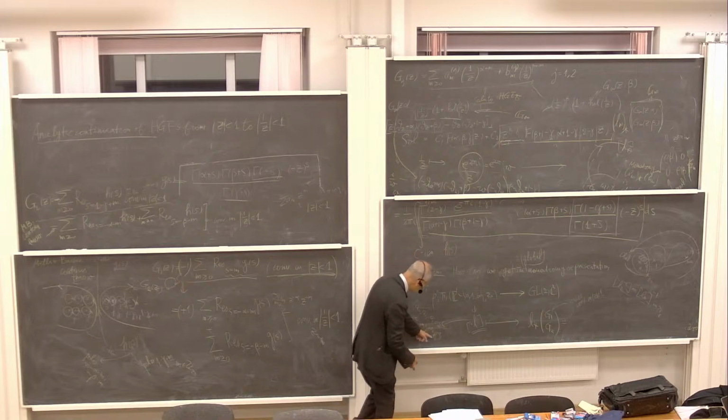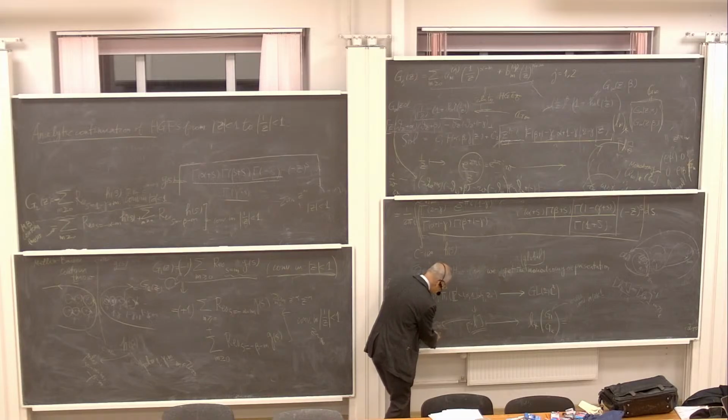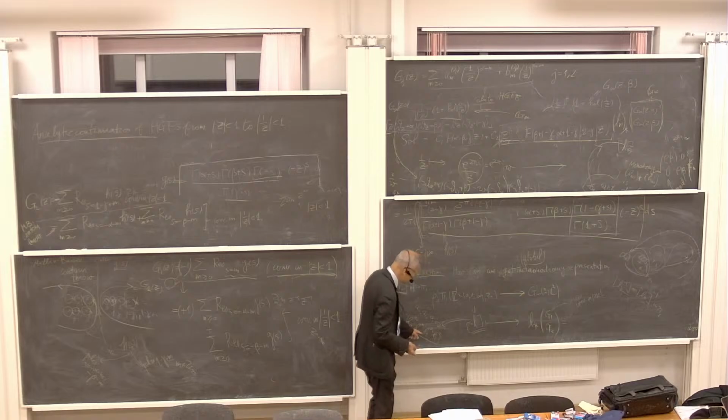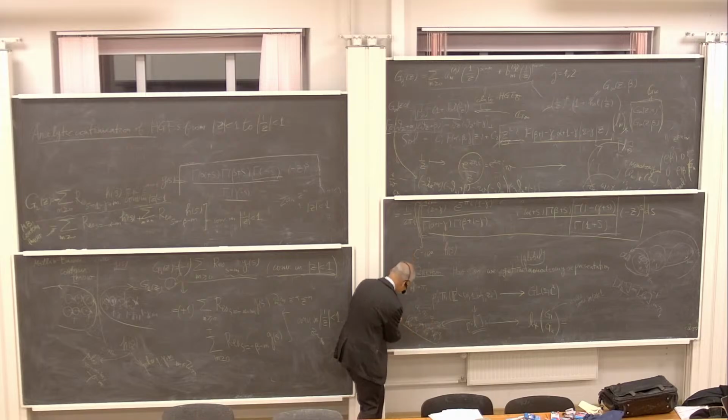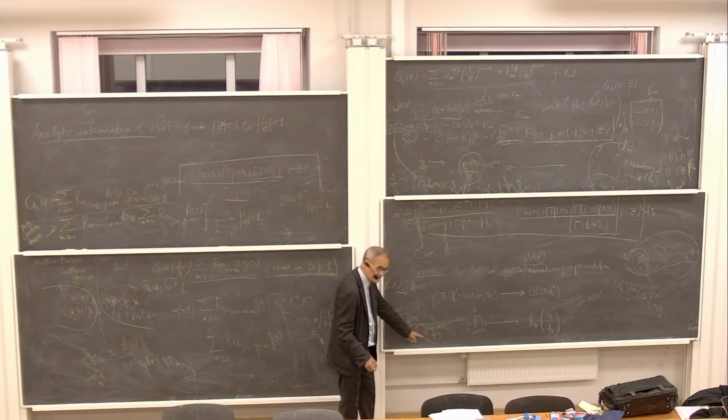This is a general representation of this loop. For every loop L, there exists a sequence of integers such that L is homotopic, equivalent to this kind of expression. Okay?